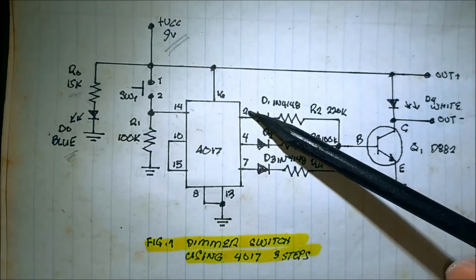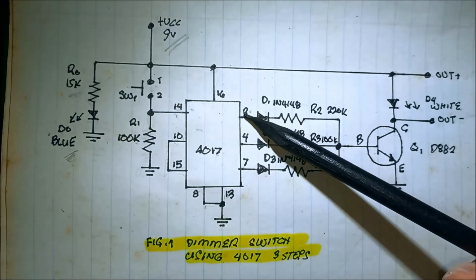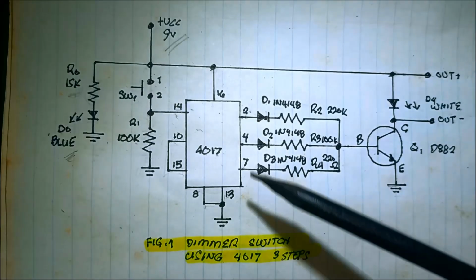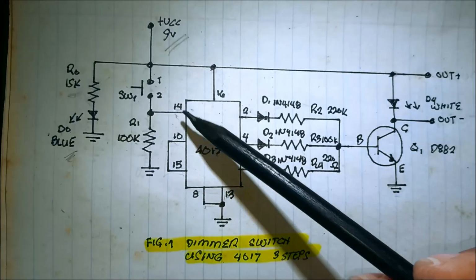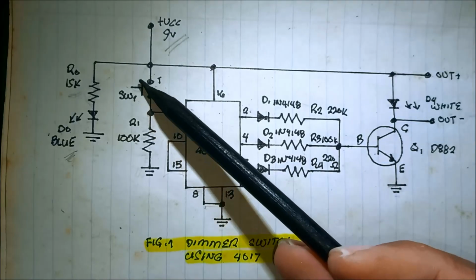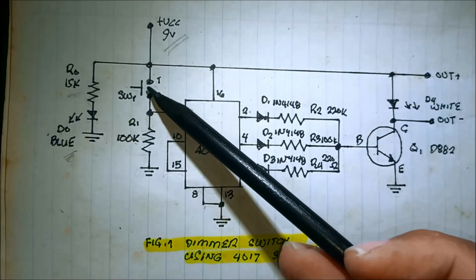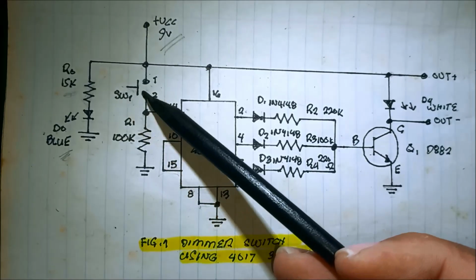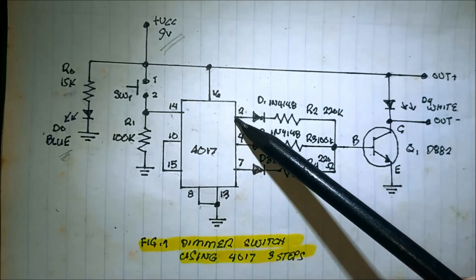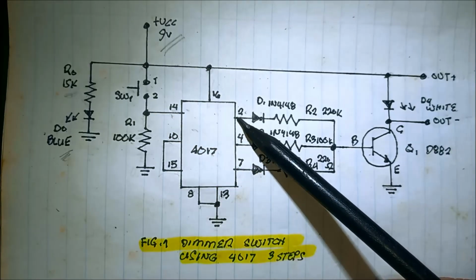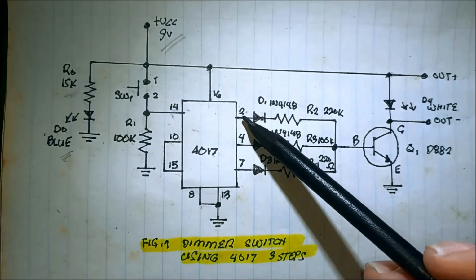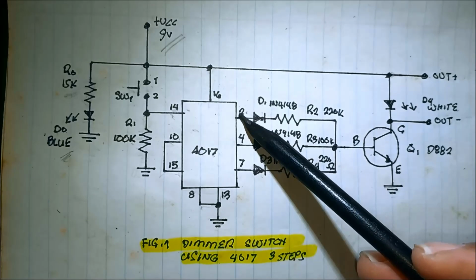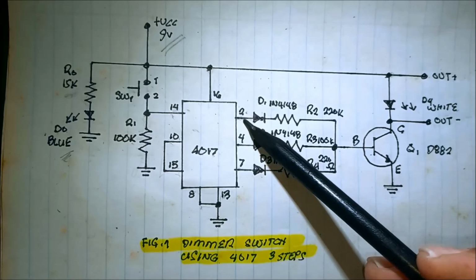Pin number 2 is the first toggling output, then 4, 7. So every time I press the switch, it toggles. In the initial state, when I press the switch, pin number 2 turns to high level, and there is an output current here.